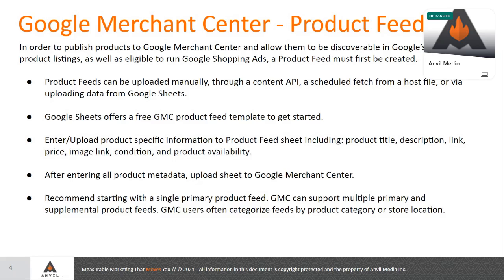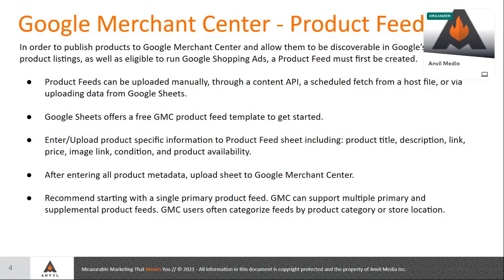So if you have products that often or even sometimes run low or are out of stock, I would highly recommend just keeping with the Google Sheet, or for that matter, if possible, doing a content API integration, so you can always have your product feed completely up to date with real-time information.